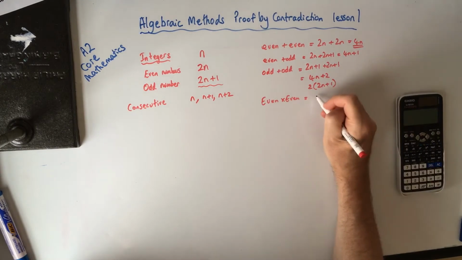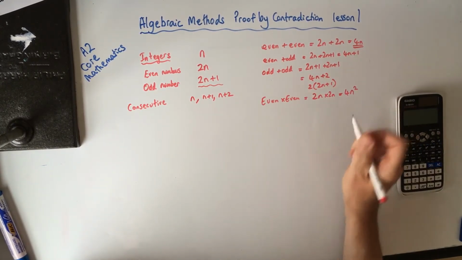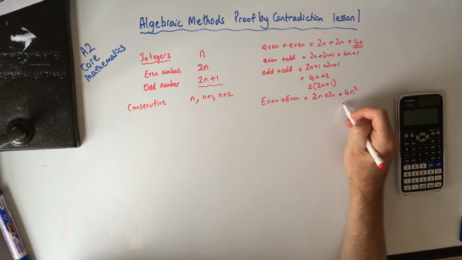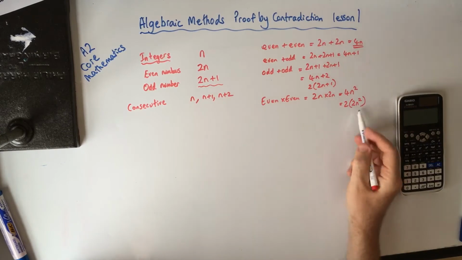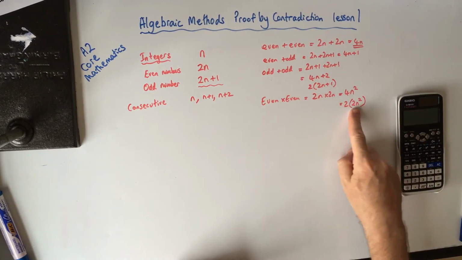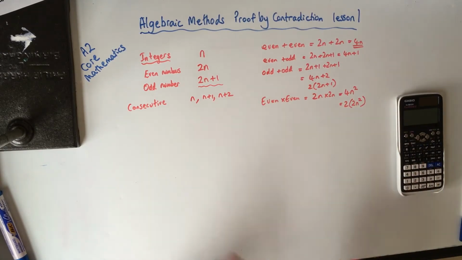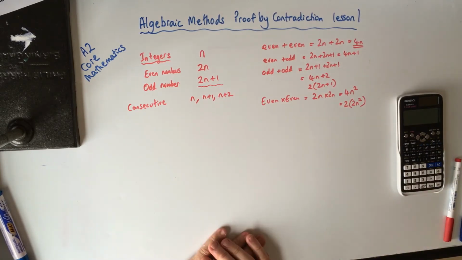But even times even, you've got 2n times 2n, which is 4n squared. And that can be factorised, can't it, to 2 times 2n squared. So it doesn't matter what that gives you, by times 2 anyway, that's going to be even. Times 2 is going to be an even number, isn't it? So it's worth just playing around with those, because you're going to need those.